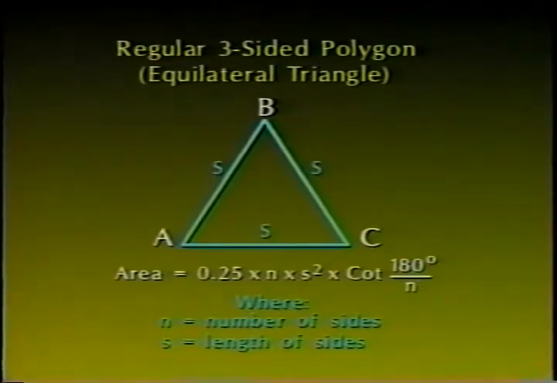Its area is easily computed by the formula: area equals 0.25 times n, the number of sides, times s squared, times the cotangent of 180 divided by n. Also shown is the symbology for the formula, where we let n stand for the number of sides and s for the length of the sides, which are identical in this case.